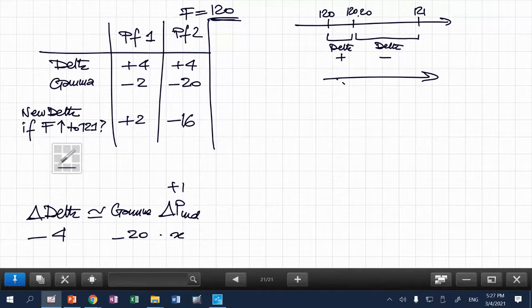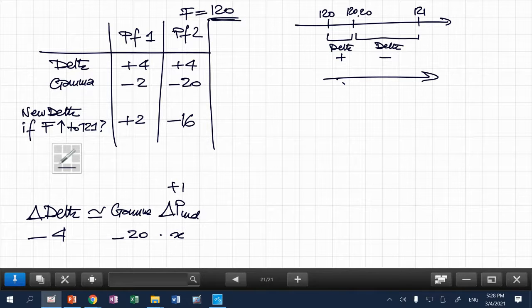What is your feeling about whether overall you lost or made money for portfolio 2? Overall, what do you think is going to happen here? You made or lost money? If you made money for the first 20 cents of increase and then you were losing for the second 80 cents of increase, overall you would expect you would have lost money, okay? Which is what you're going to test later on.